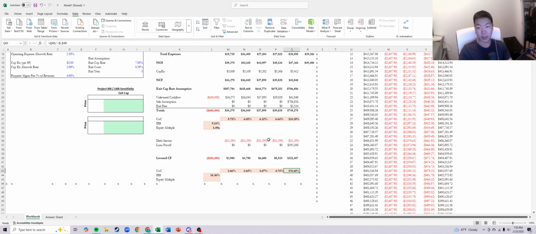But since my payoff from the exit year actually boosts my IRR, it makes up for the lower cash on cash return during my hold period. We have a much higher cash on cash return at sale, so my overall IRR is still higher than my unlevered. Makes sense.